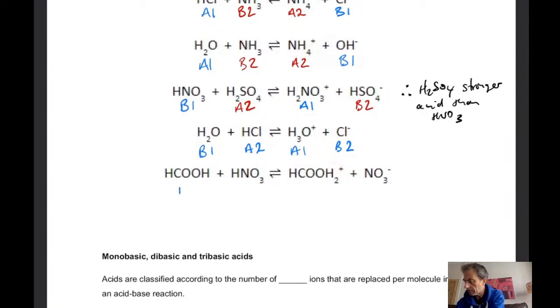So we'll say B1, this must be A1, and therefore the nitric acid is A2, B2. And I'm just going to make them red. Don't know why, but I'm going to. So this was A2, B2.